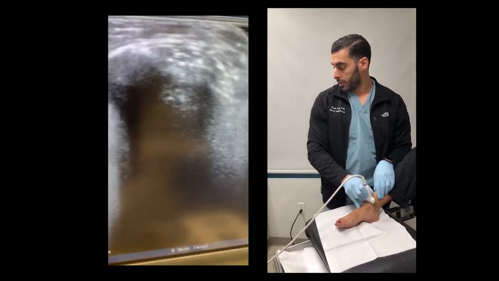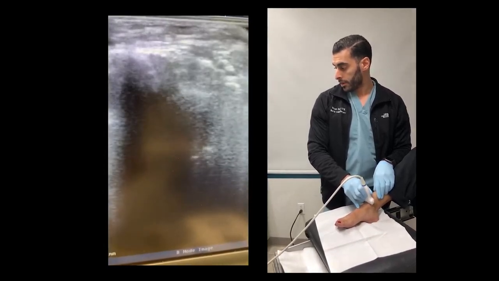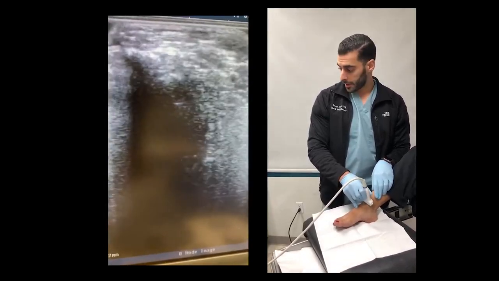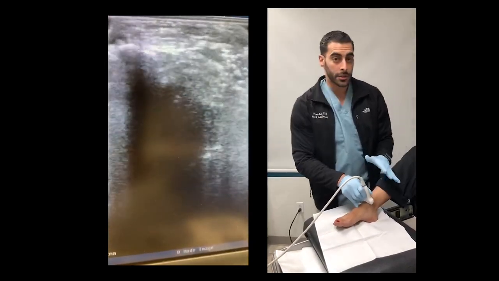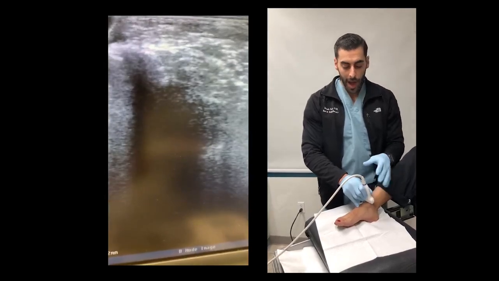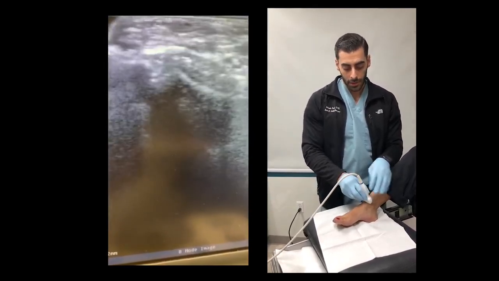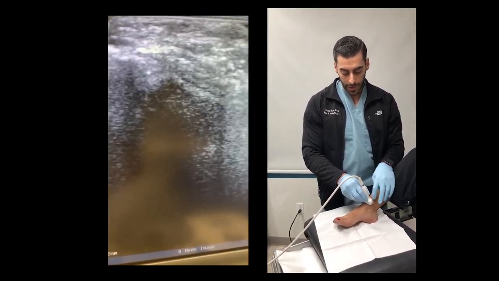Alright, so what I like to look for first is the tibialis anterior. So a trick that I like to use is I will ask the patient to dorsiflex the foot and keep the heel planted.